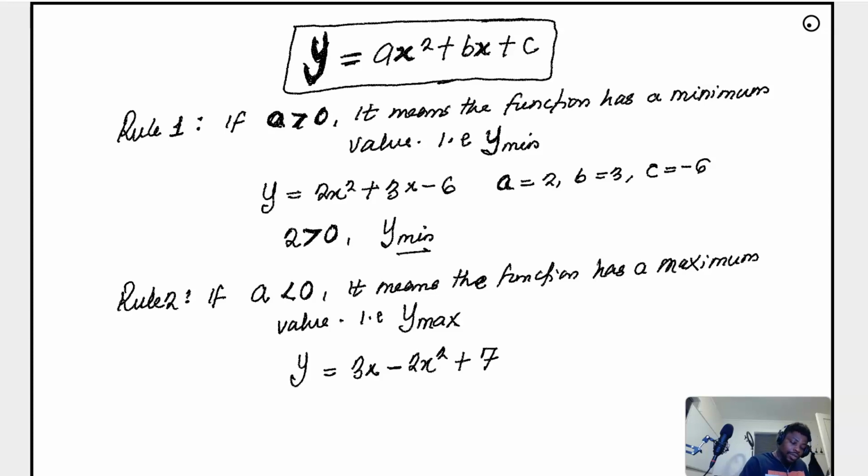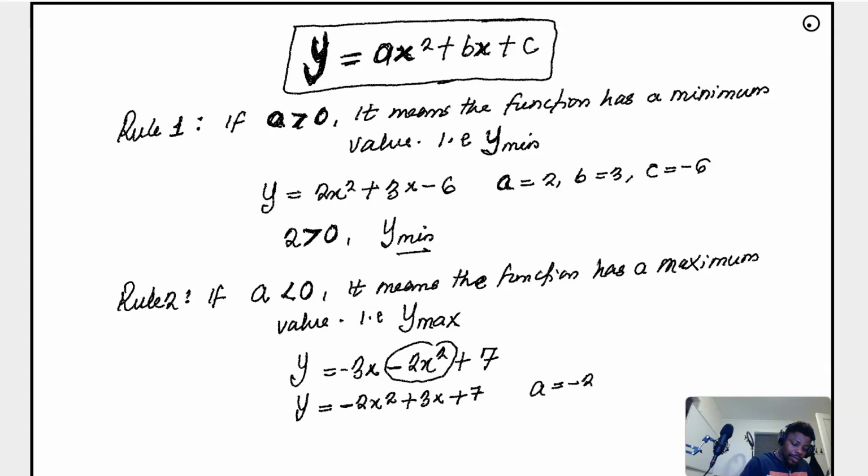In this case, I want to rearrange because I want it to start with x squared. So if I rearrange this one here, it's starting with x squared. So that is minus 2x squared. Then, remember, imaginary plus is there, plus 3x plus 7. So here, what is my a?